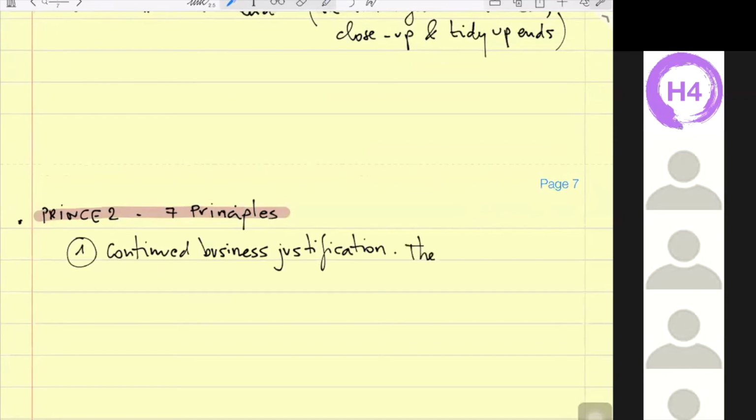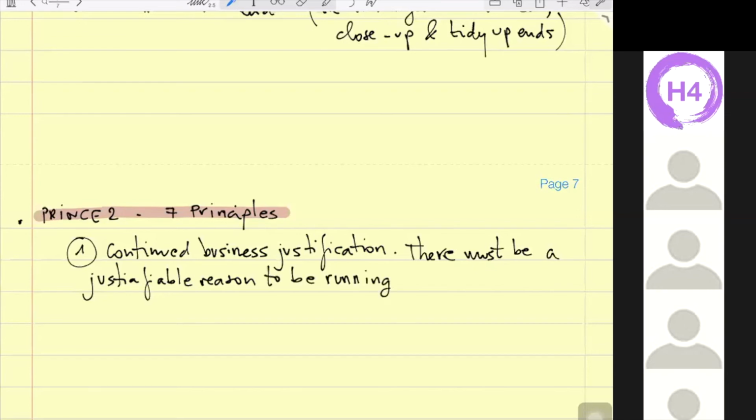There must be a justifiable reason to be running and managing the project.